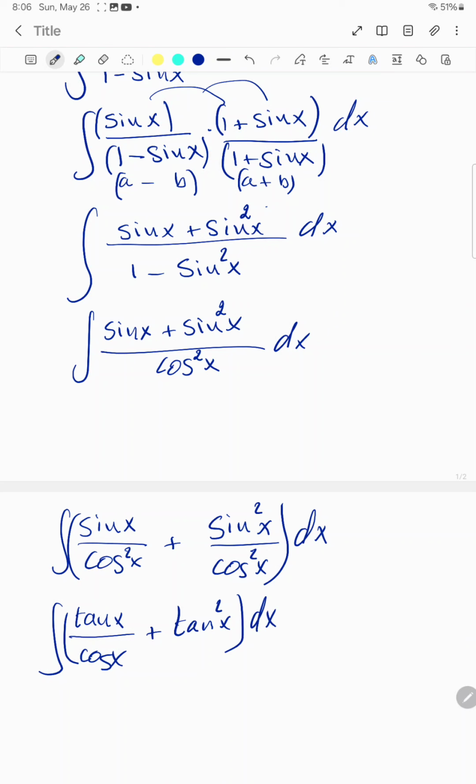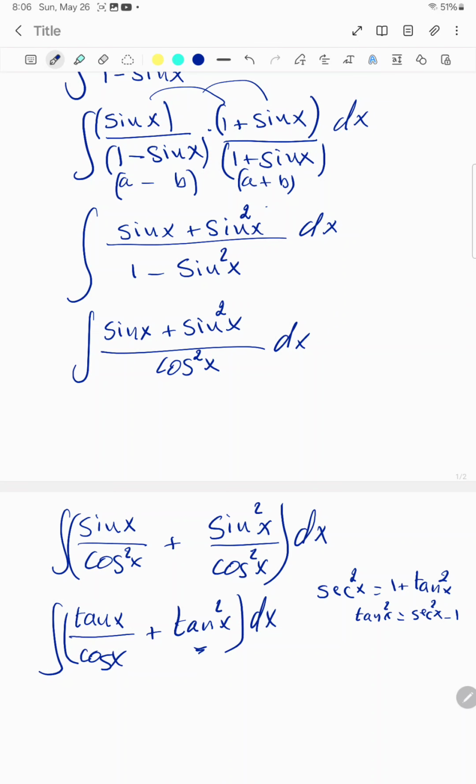And I know one trigonometric identity that tells me sec square of x is equal to 1 plus tan square of x. So from here I can deduce that tan square of x is equal to sec square of x minus 1.